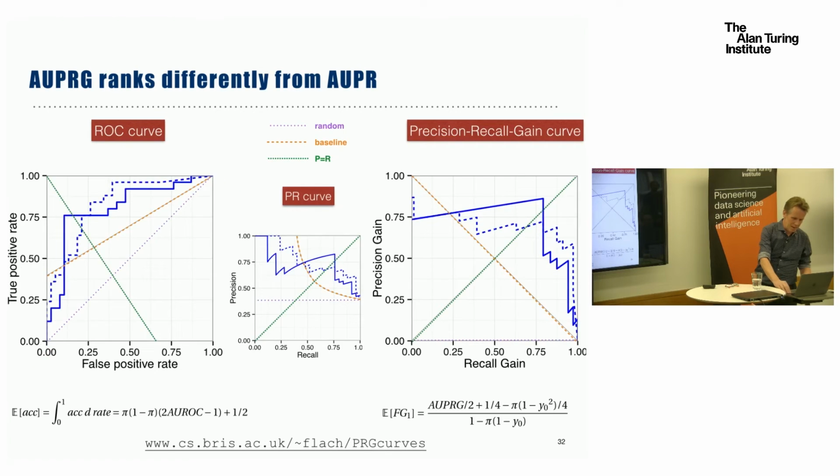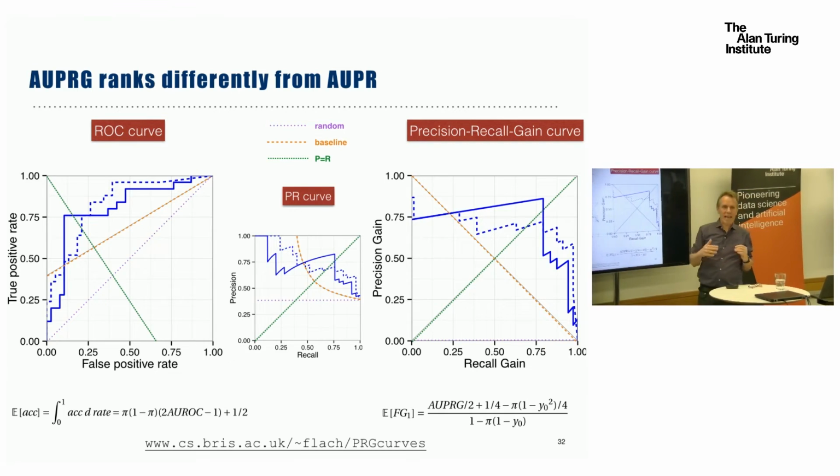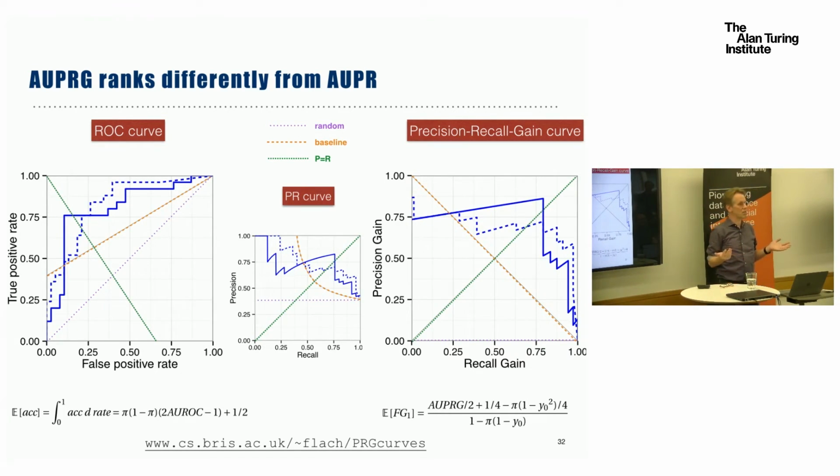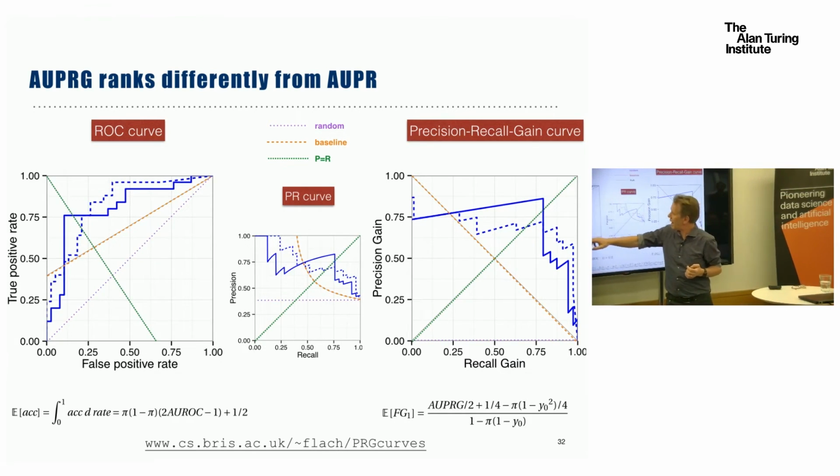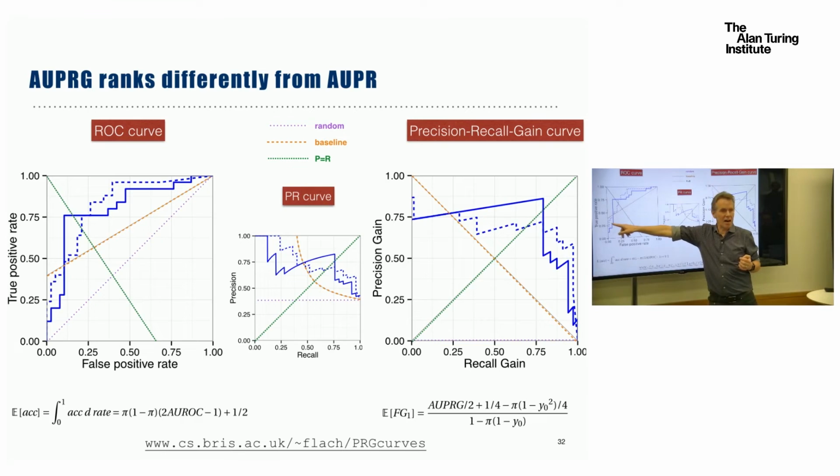Oh, and by the way, if you're using area under the precision recall curve as an evaluation metric, which, for example, the Pascal challenge did all those years ago, these things matter. Because here is an actual example where the dotted line has a higher AUC because it's higher here and higher there and a bit lower there.